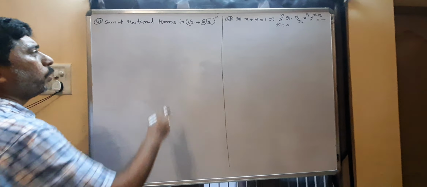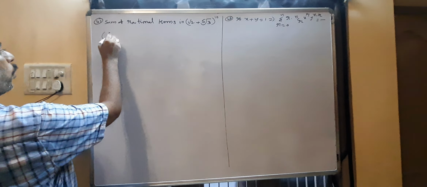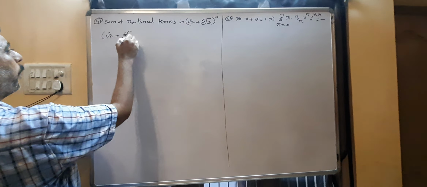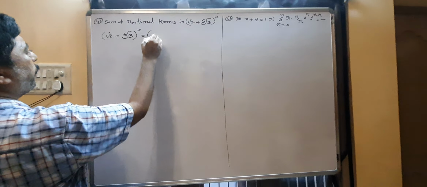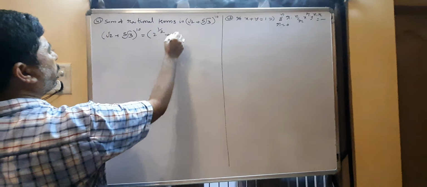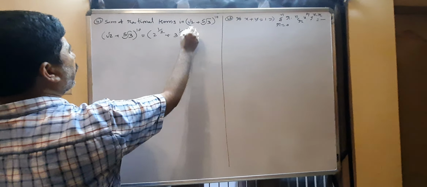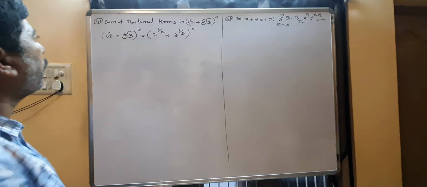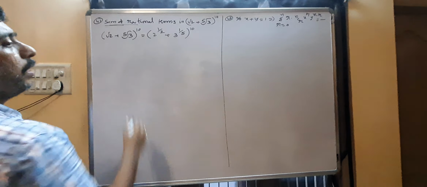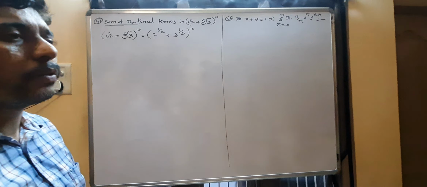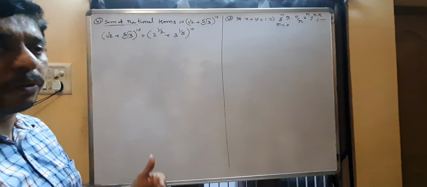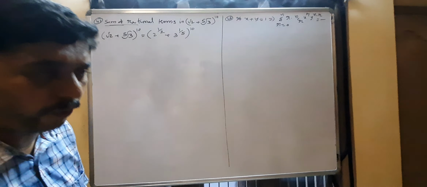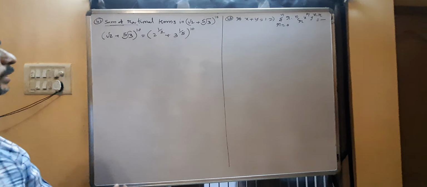Sum of rational terms. So you have to first find what the rational terms are. After that you can take the summation.